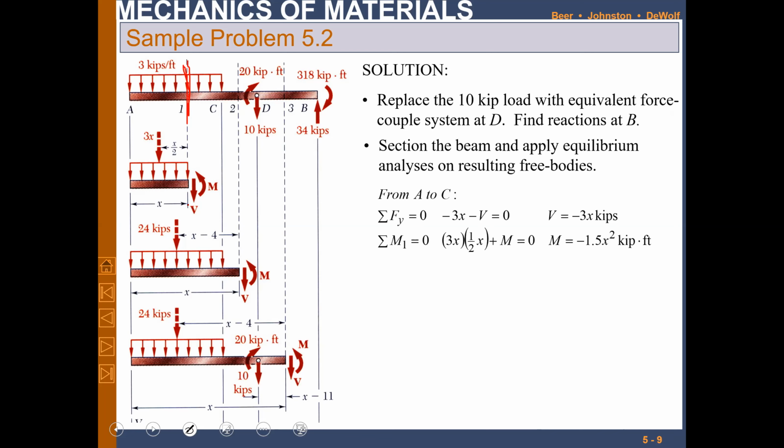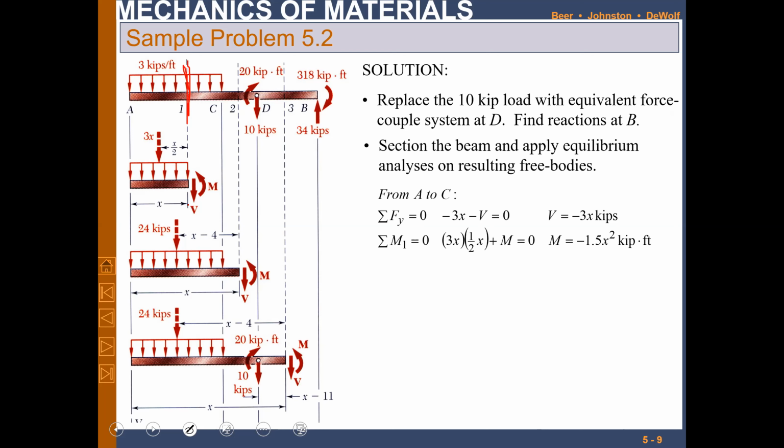And we are assuming everything positive now, positive moment and positive V over there. So the static part will be 3x minus, because this is a negative shear over there. Negative shear, minus 3x and minus V equals 0, so V will be minus 3x kips.